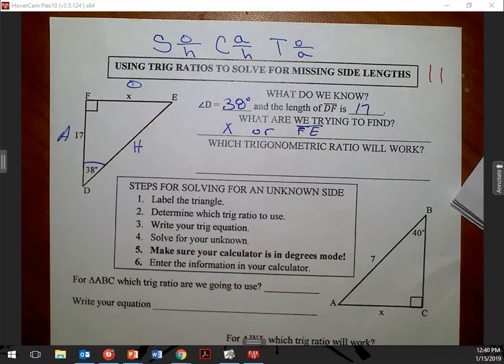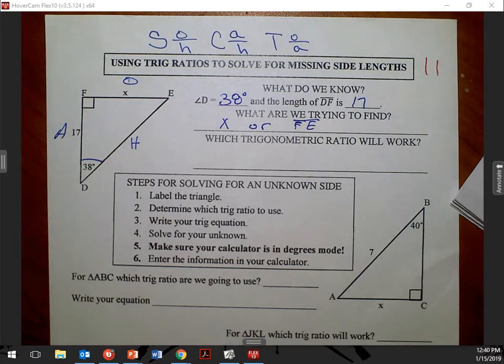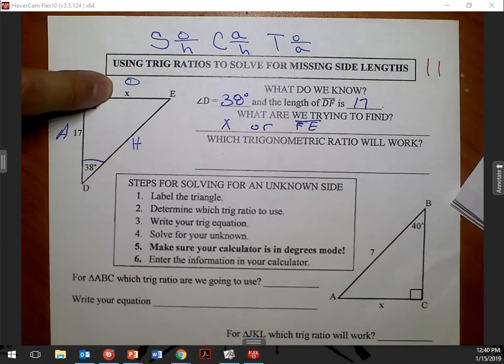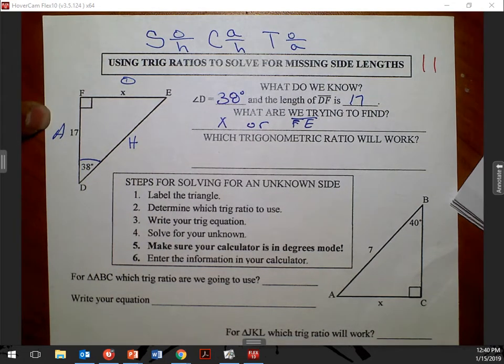I have tangent. Yes, it's going to be tangent. But what information do I have? Very good. Opposite and adjacent. Because I'm looking for the opposite, and I have the adjacent, that means that's going to be a tangent, right?